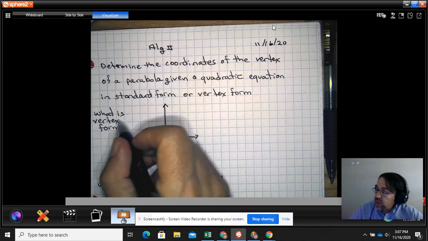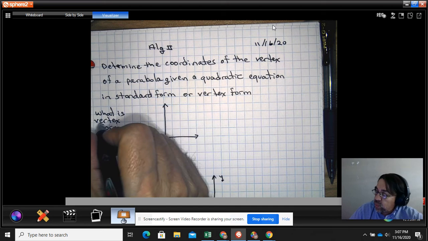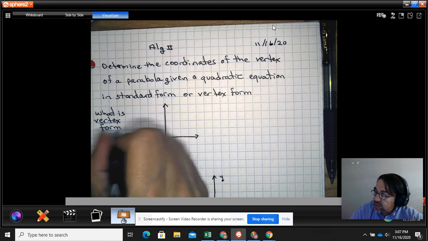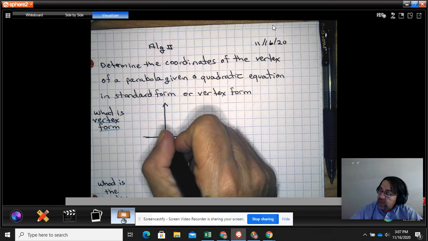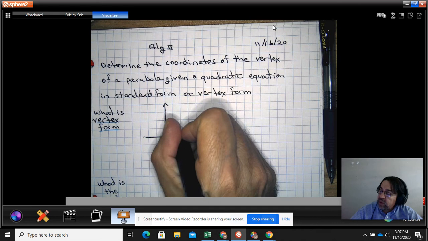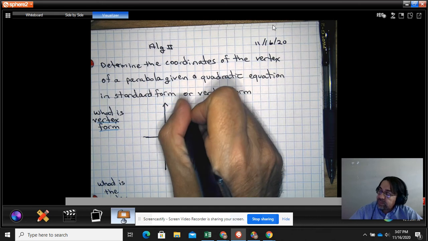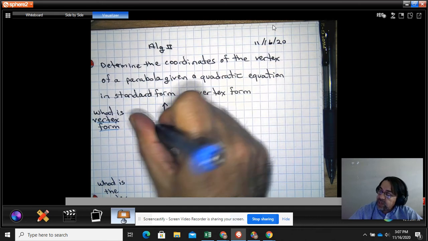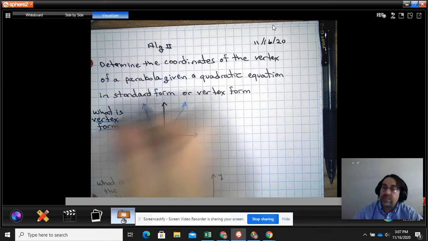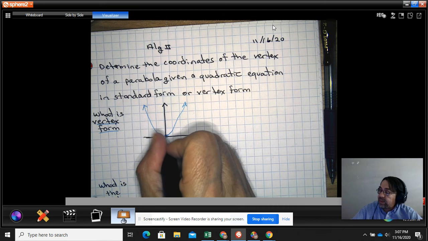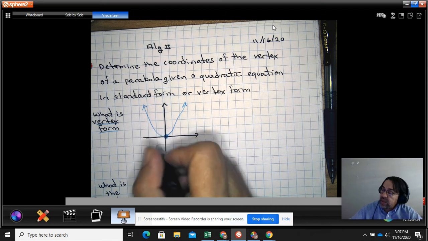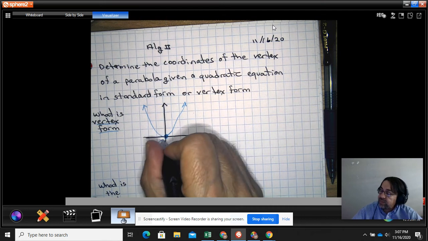We've been working with vertex form, even though we did not name it as such. When we were doing, for example, the parent function of a quadratic formula, and we said that it looked like this, that very bottom point, that was your vertex.